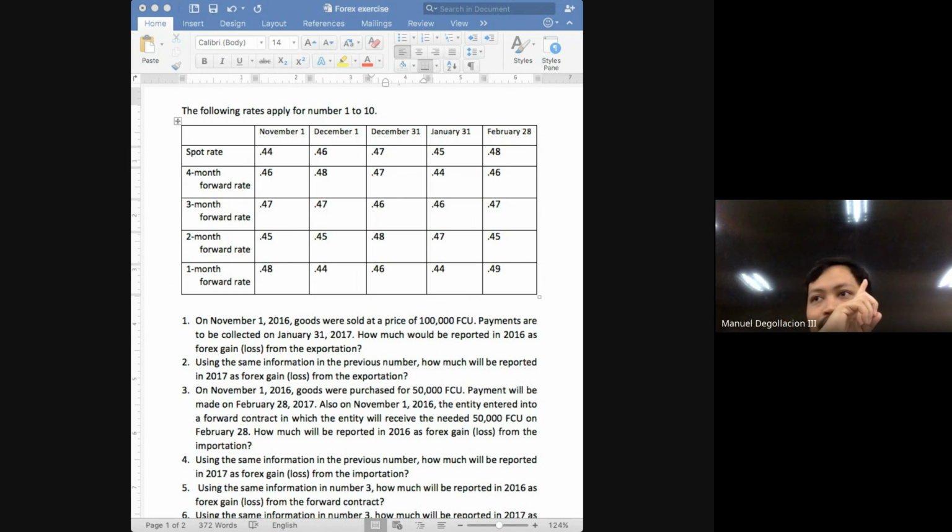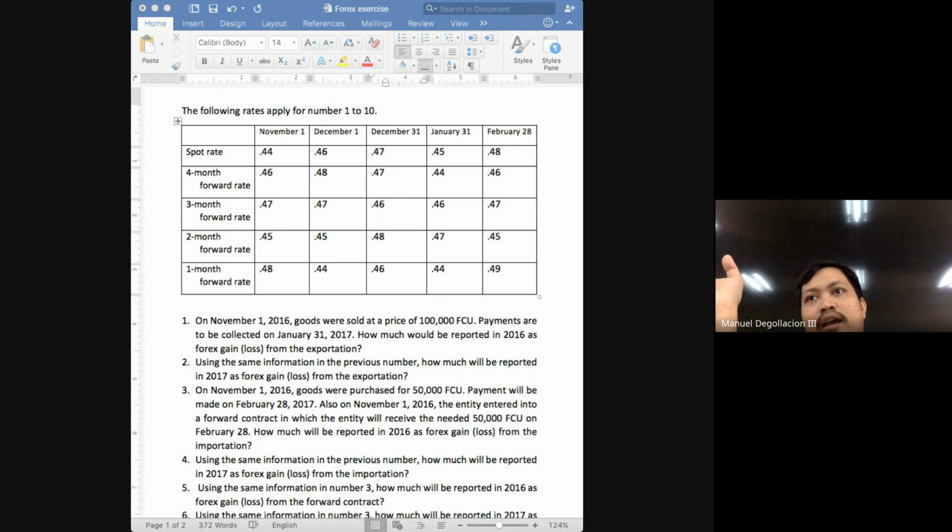The amount of purchases and accounts payable. If you are the exporter, who are you in the transaction? You are the seller. And what will you be recording? You will be recording your sales and your accounts receivable. Is it possible for an entity to be both an importer and exporter at the same time but for different transactions?